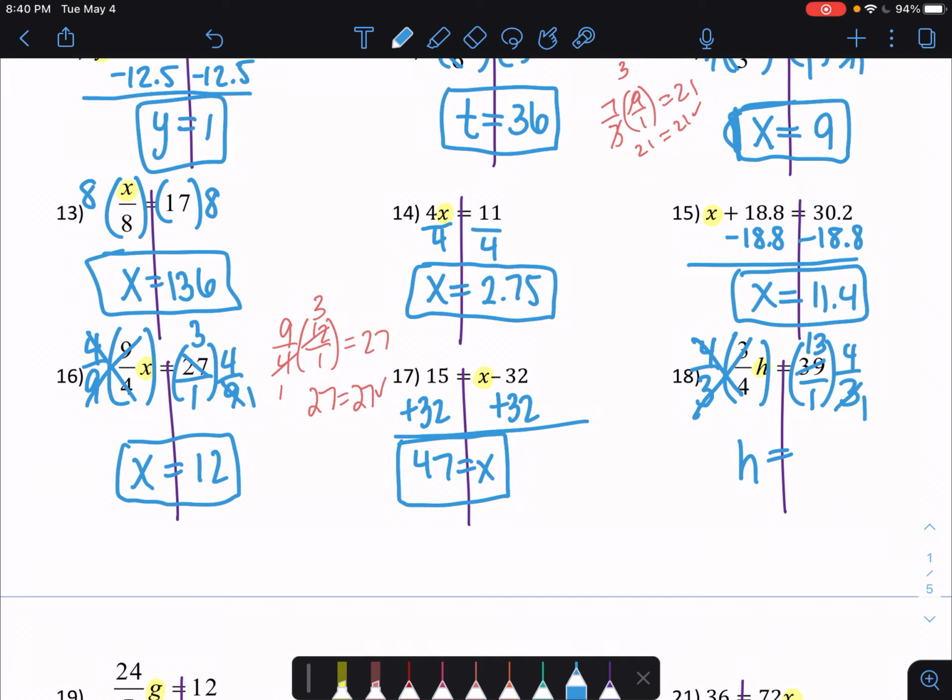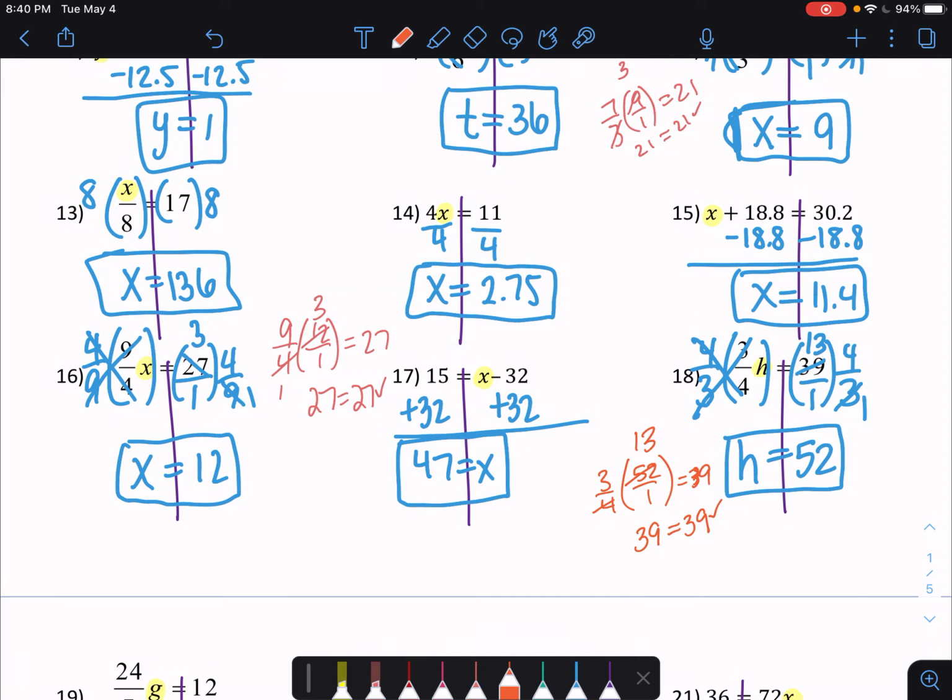This top becomes a 13, the bottom becomes a 1, and 13 times 4 is 52. To show my check on the fraction one again, I'm going to do 3 over 4 times 52 over 1. And does that equal 39? 52 divided by 4 is 13, and 13 times 3 does equal 39. So those ones do work.